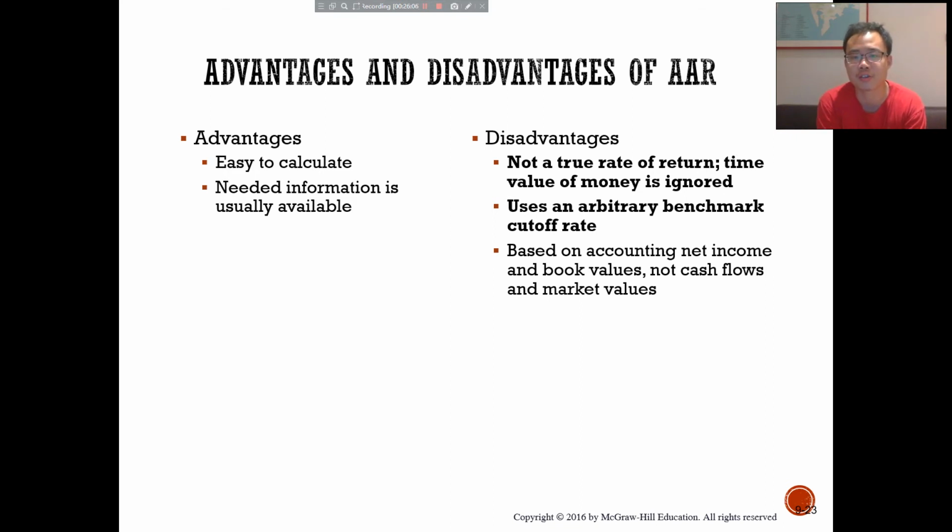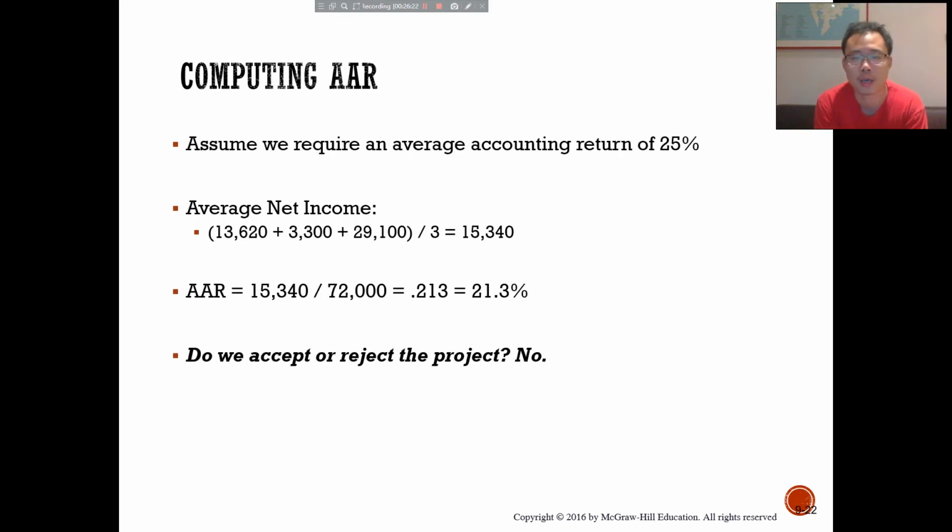The disadvantage is that it's not really a true rate of return. And also the time value of money is ignored in this calculation process. It uses an arbitrary benchmark cutoff rate, for example, 25%. You probably say, just look around the market and find the projects with a similar risk. The average return of these projects with similar risk is about 25%.